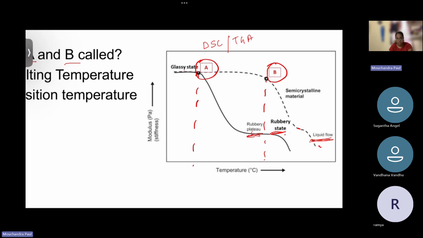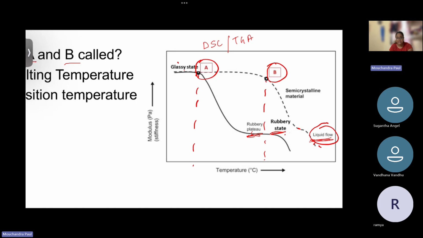But here at point B, this is your glassy state. And if you see, the rubbery plateau is not that much. Rather, the material shows a transition directly towards a liquid state.